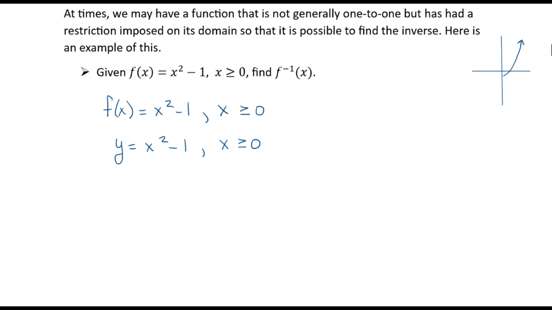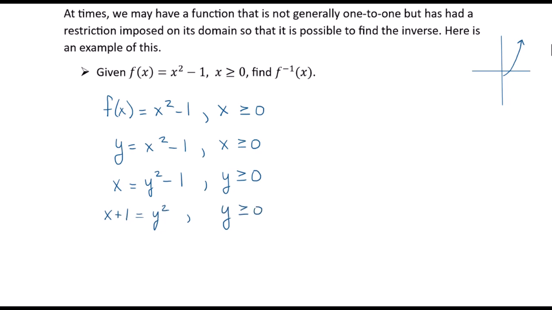Now we need to switch our x's and y's. Y is now x, x is now y, and we do it in our restriction there. Now we solve for y. So x plus 1 is equal to y squared. Y is greater than or equal to 0.